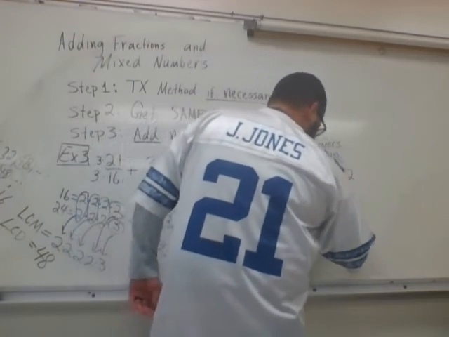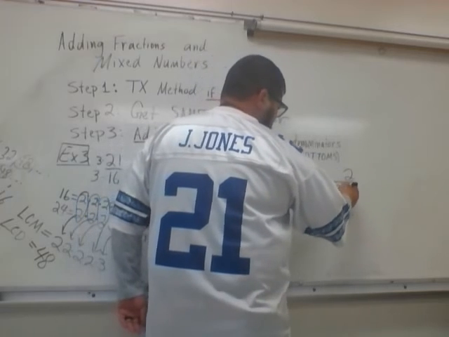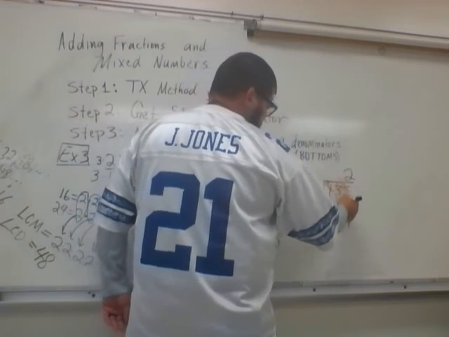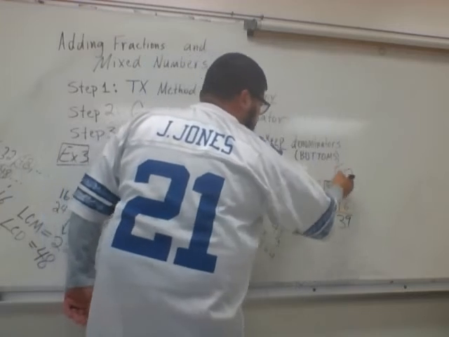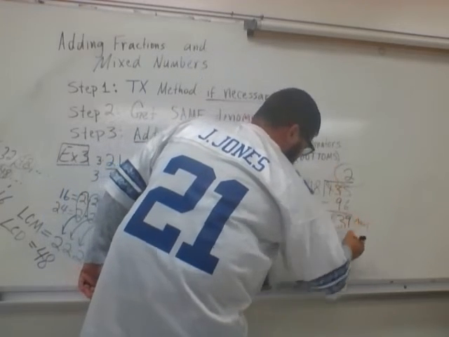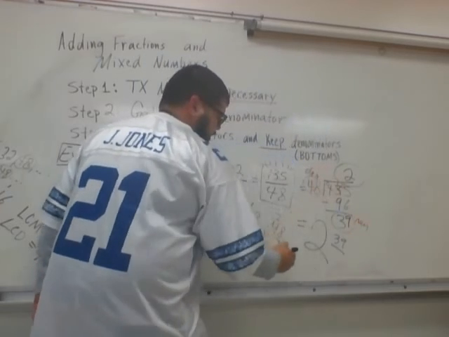48 times 2, 96. 5 minus 6, can't do that, have to borrow. 15 minus 6, we get 9. Got to borrow again. 12 minus 6, we get 3. So what we end up with is our whole number, 2, numerator 39, denominator 48.